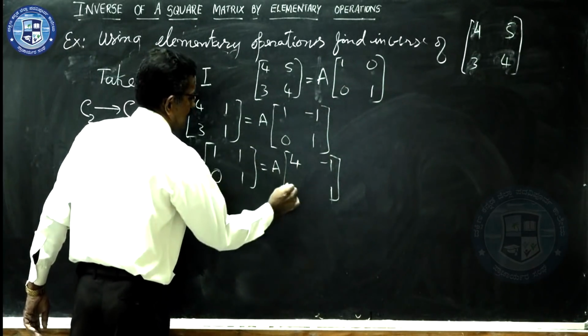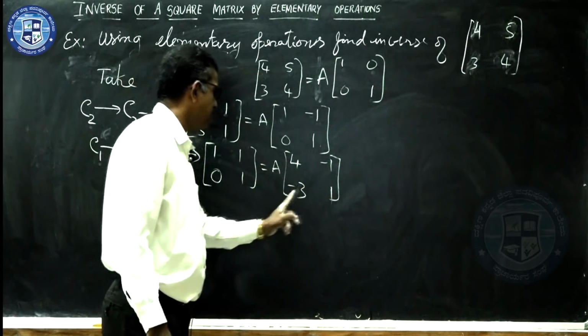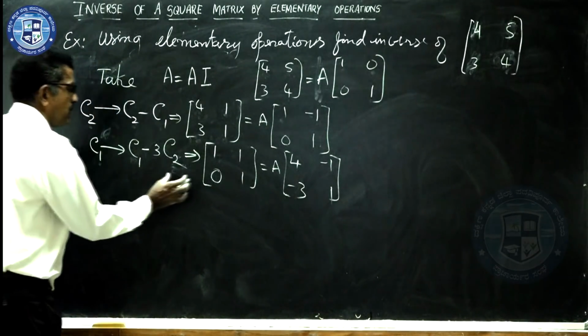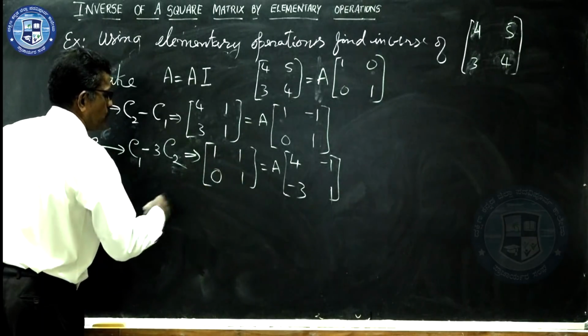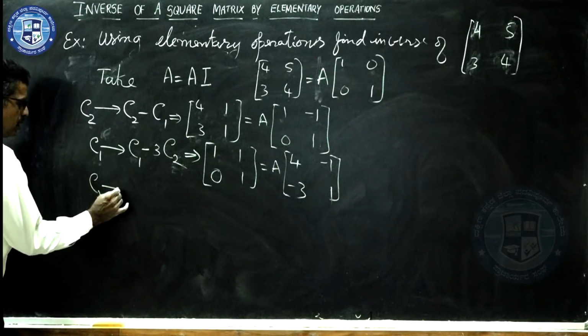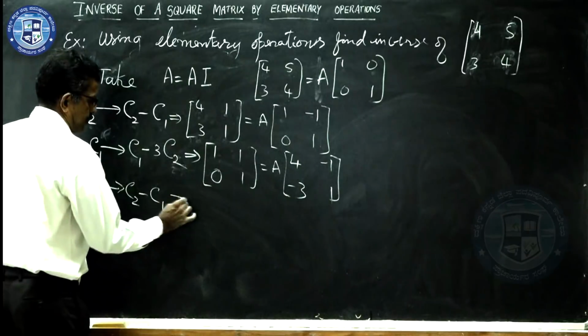This minus 3 times, it is minus 3. It is 4 minus 1 minus 3, 1. So, what will be the next case? We have to make this element 0 by operating with the first column. Therefore, I will write C2, it is C2 minus C1.